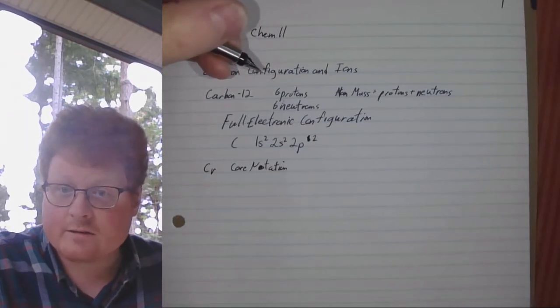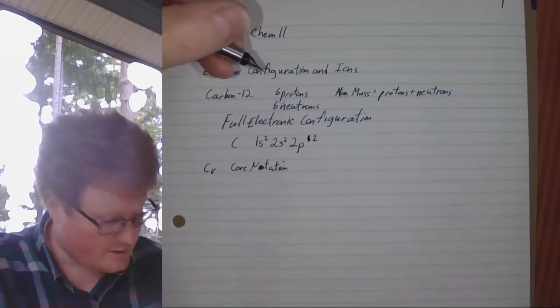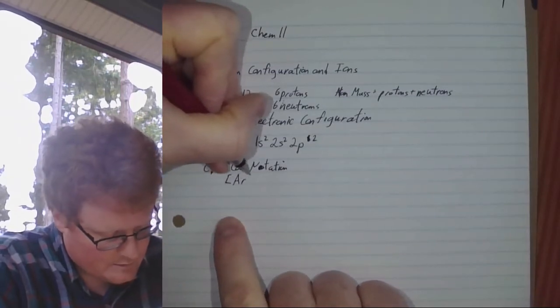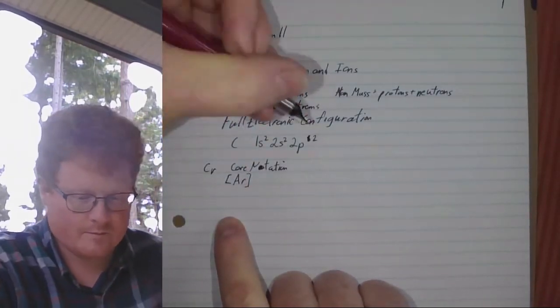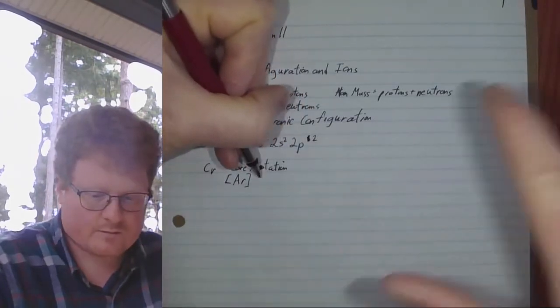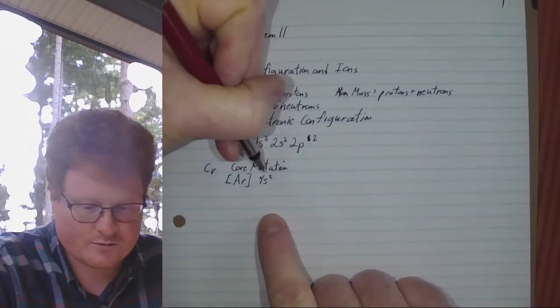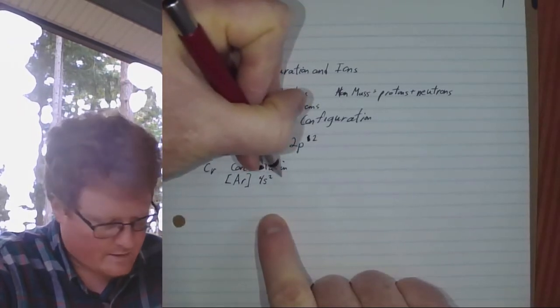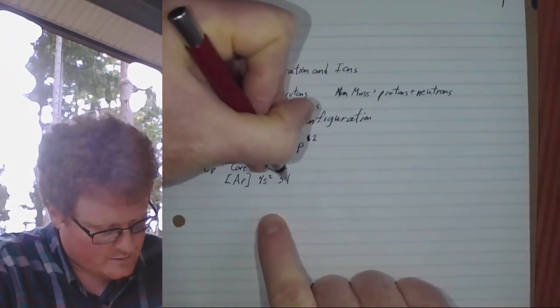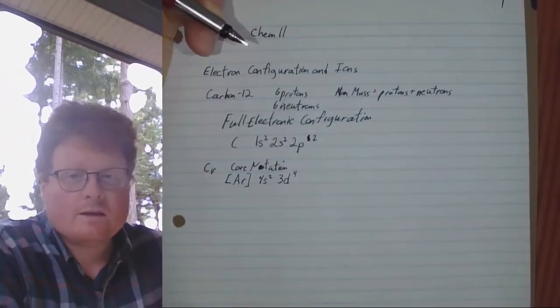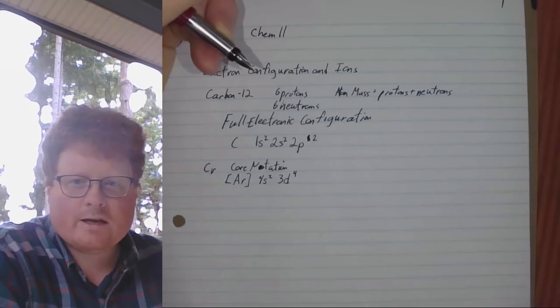You're going to look back at the noble gas of row 3, that's argon, so it's going to be square bracket Ar. Then chromium has a 4s2 and then a 3d, 1, 2, 3, 4 over. All right, how many electrons can the d orbital have? Take a second and count.